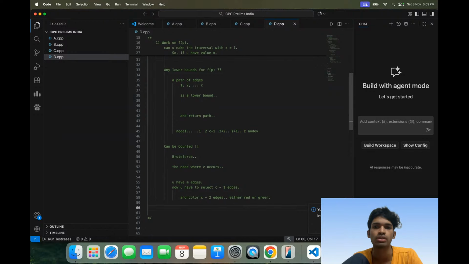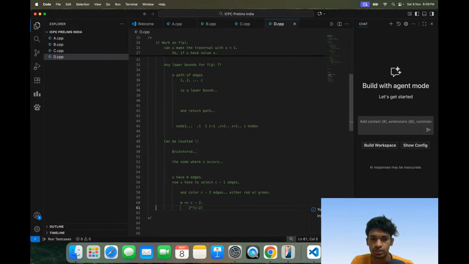That doesn't have a choice because you're already brute forcing on that, right? So what is the answer now? You can color them in 2^(C-2) ways. So M is greater than or equal to C minus 2. This is a necessary condition first.